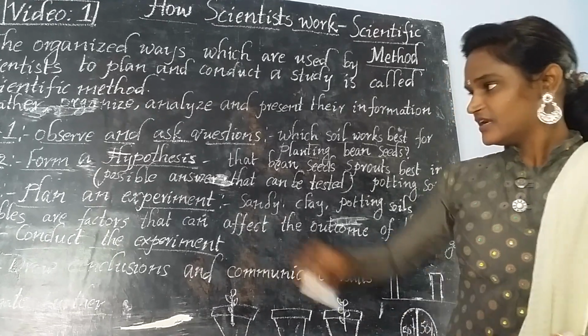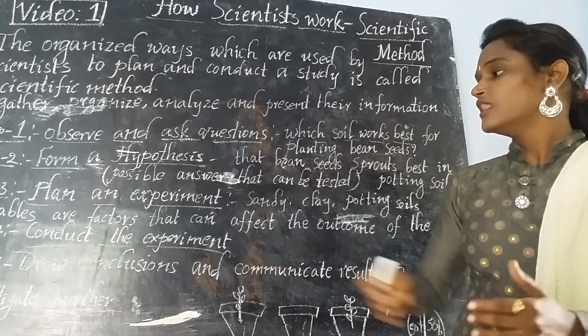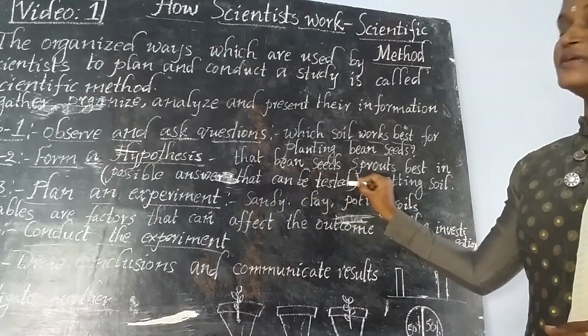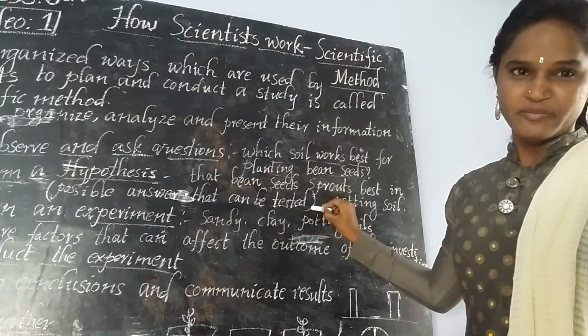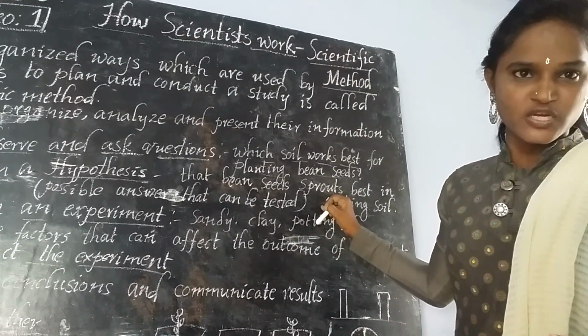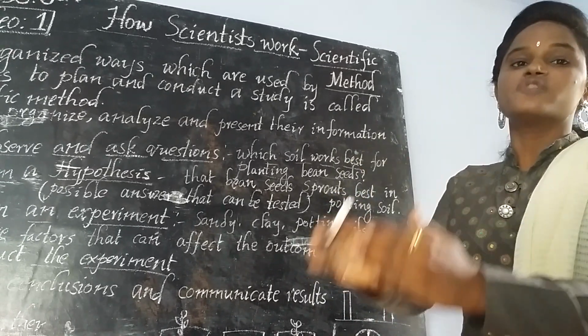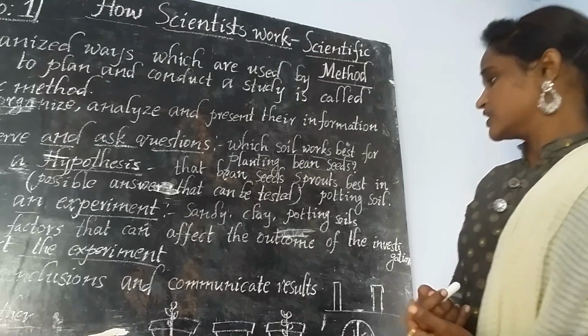In the same manner, a hypothesis is also a type of guess, a possible answer that can be tested. While we are thinking about a question, immediately we get one answer, and we may think that is the possible answer. Now we have to work on that possible answer. How can we work?